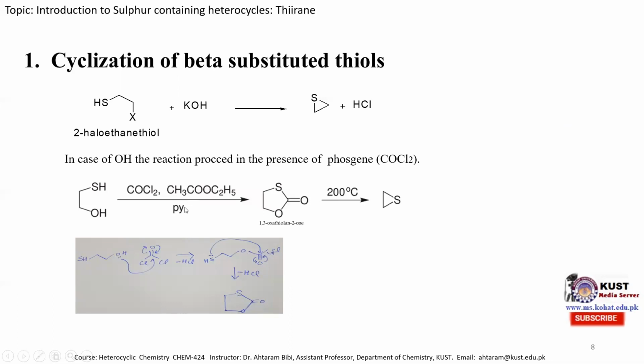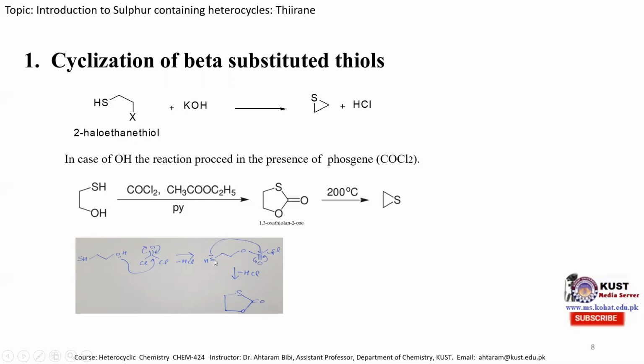In the presence of pyridine, it takes the hydrogen from this hydroxyl group. So it has a negative charge, and the lone pair of electrons can attack in the first step. So when the pi bond shifts toward the oxygen and comes back, the chloride ion is eliminated in the form of hydrogen chloride, and we obtain this intermediate species.